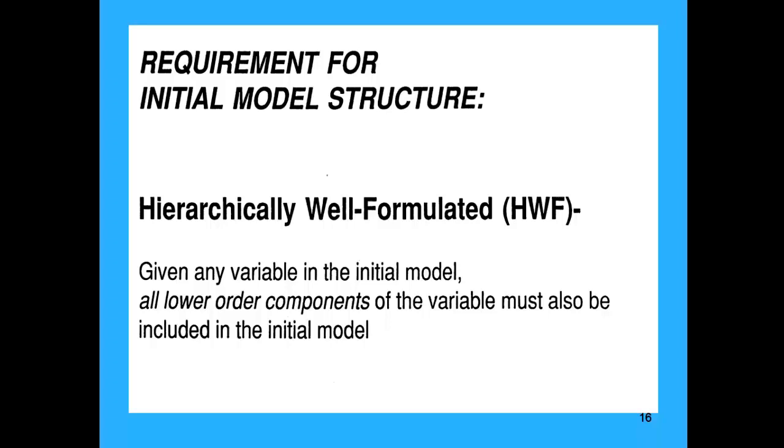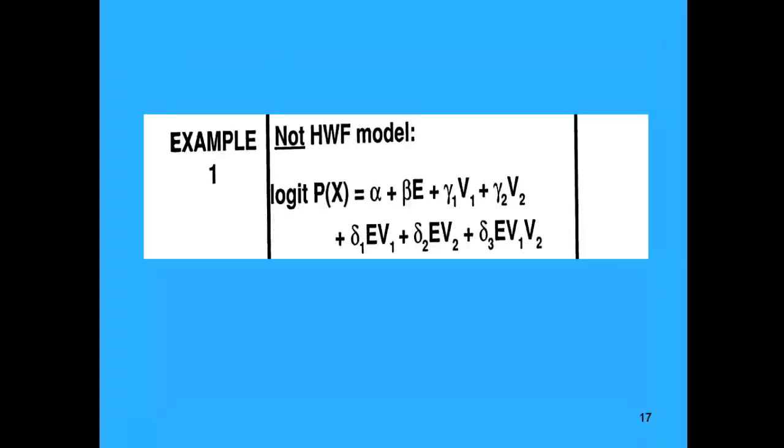It says, given any variable in the initial model, all lower order components of that variable must also be included in the initial model. All lower order components of any variable in that model must also be in the model. That's the rule. It's really a simple rule. And here's an example of a model that's not hierarchically well formulated.